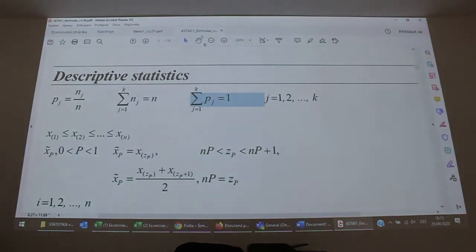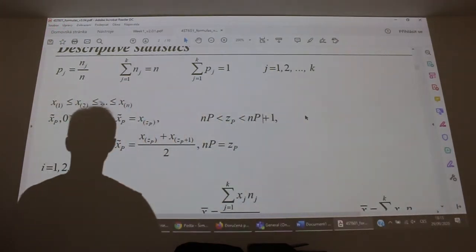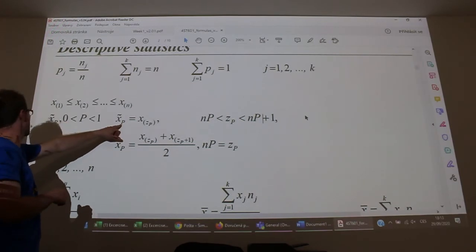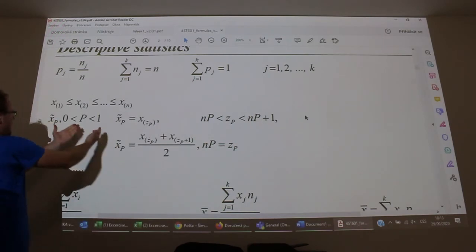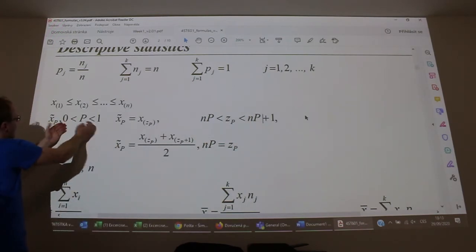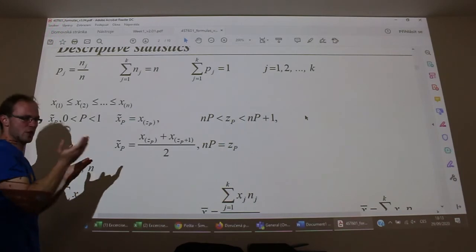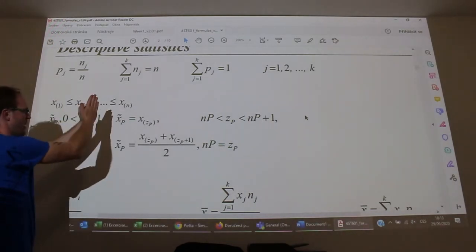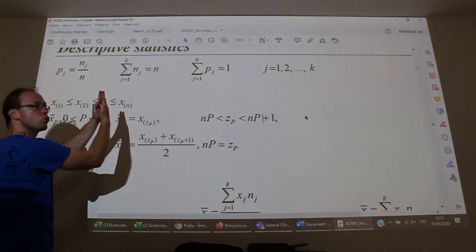So we have here formulas, and we will use this general formula. We must calculate the median. So this product will be 0.5. Why 0.5? Because the median is in the middle. You will see in the presentation of Mr. Hellman, median is in the middle, and the median divides the sample into 2 groups.